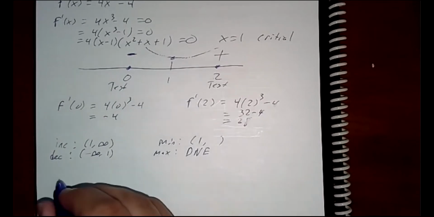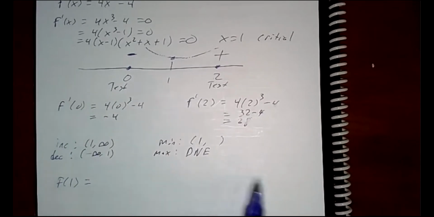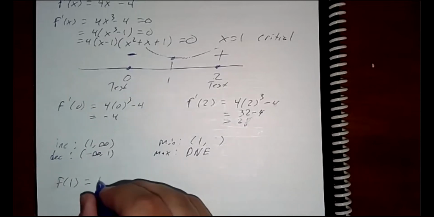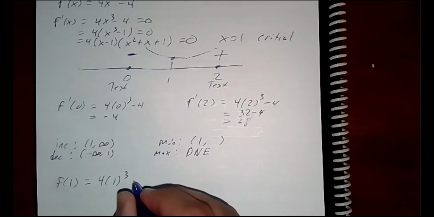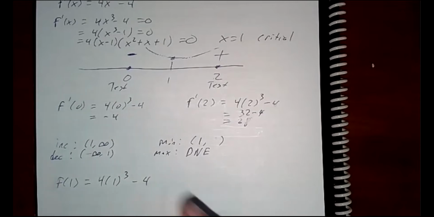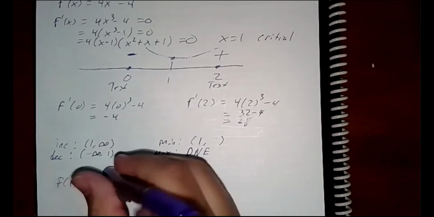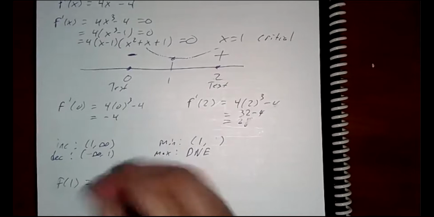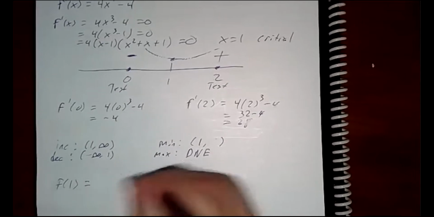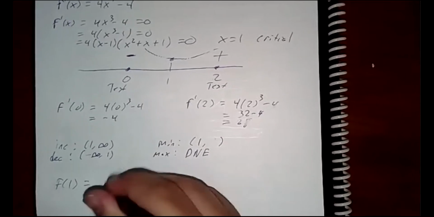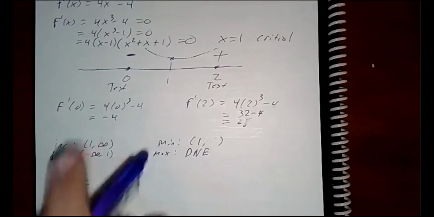To find this, let me actually show the work this time. If I want to find the y value, I have to plug it in. Oops, not into that one, the original, because that's going to be 0, obviously.